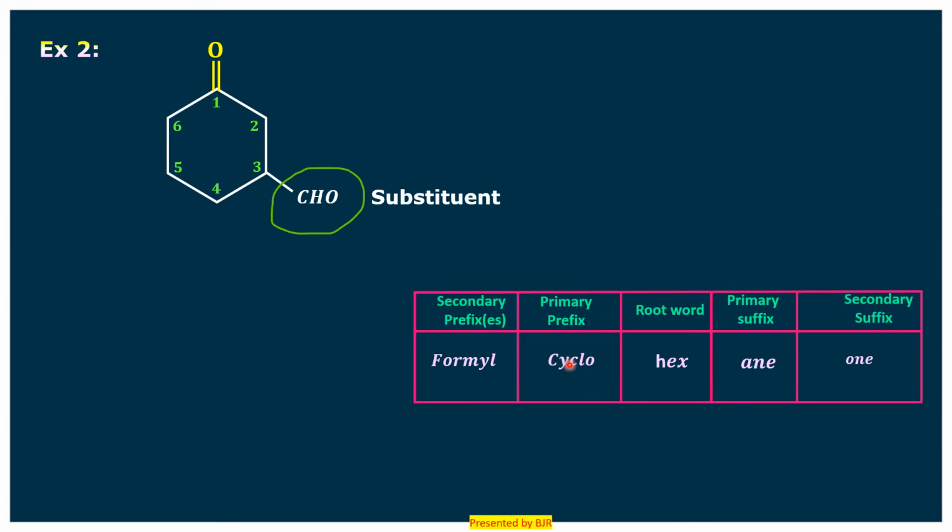The third carbon atom is attached to this formyl substituent, so 3-formylcyclohexanone.